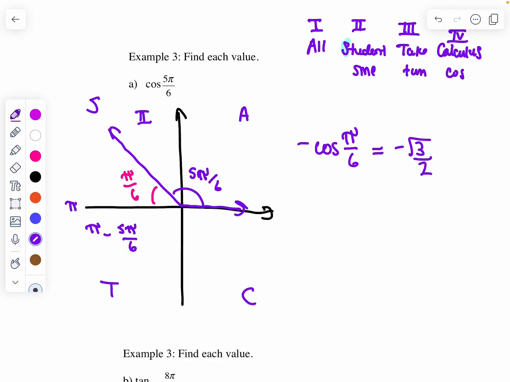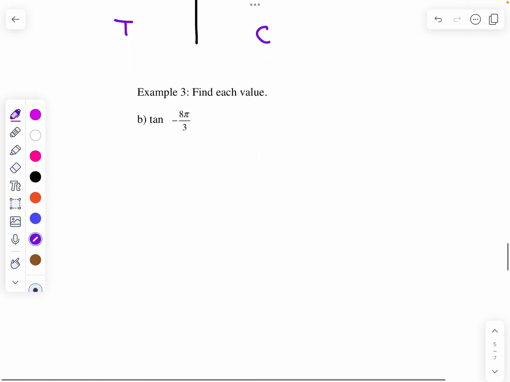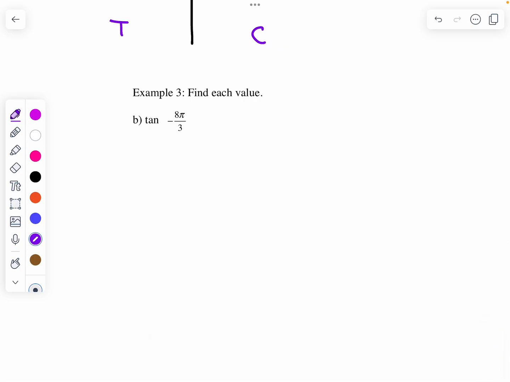Okay, we're going to try some more. I got some more for you in radians. All right, negative 8 pi over 3. Well, first of all, that's negative. So there isn't just the hand trick here. There's all the other stuff we've been doing with coterminal angles, reference angles, what quadrant things are positive in, all of the things.